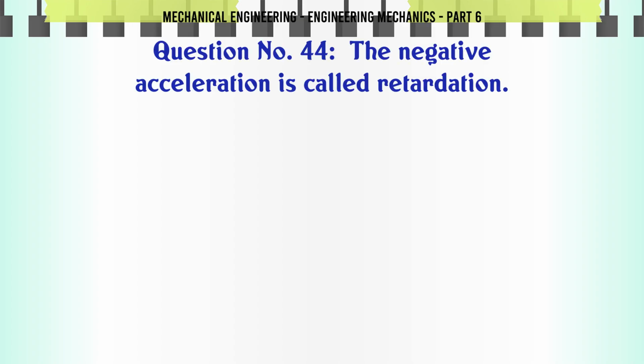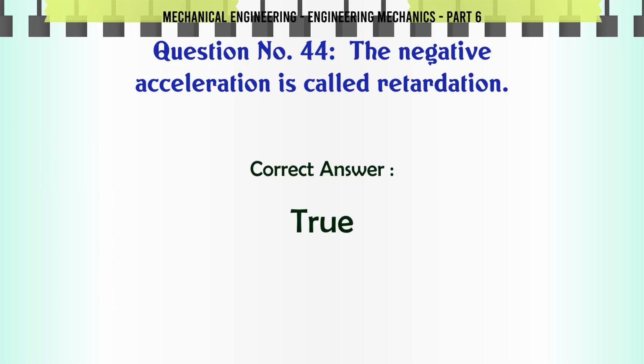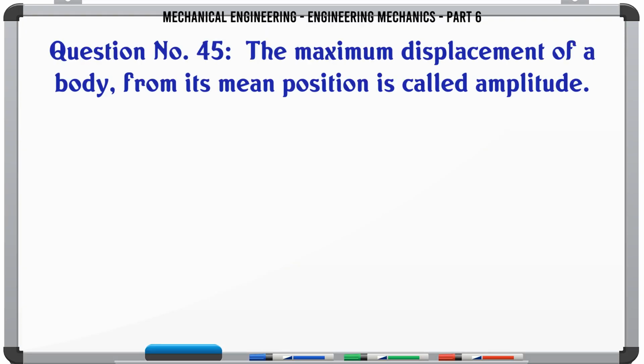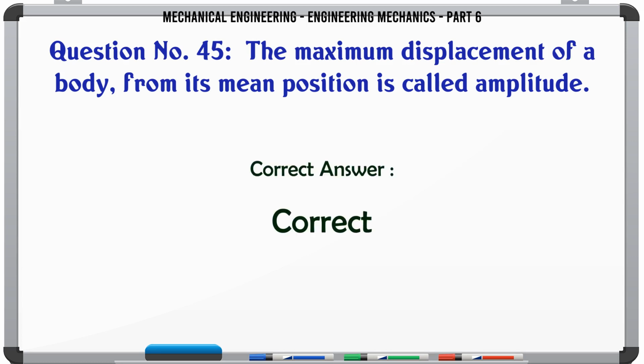The negative acceleration is called retardation. A. True. B. False. The correct answer is true. The maximum displacement of a body from its mean position is called amplitude. A. Correct. B. Incorrect. The correct answer is correct.